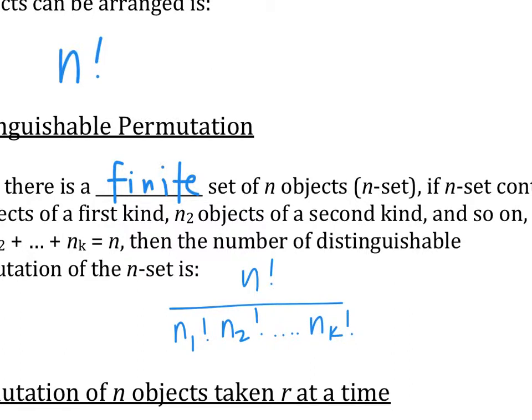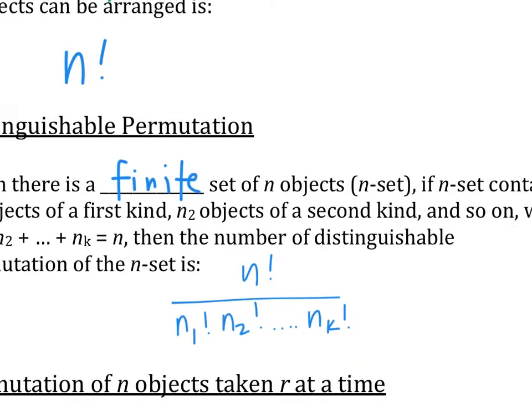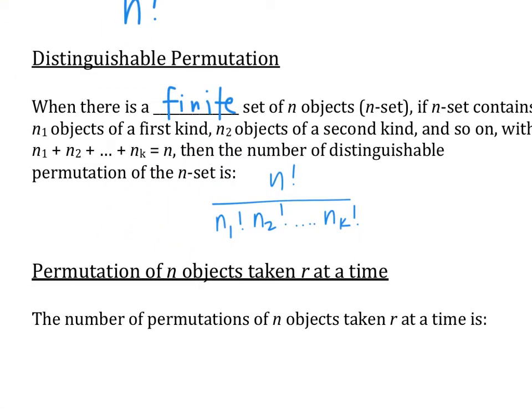Okay, we'll do some practice. The last one: permutations of n objects taken r at a time. If you have so many things and you want to take a few of them and rearrange them, how many ways can you rearrange them? For example, if I have 8 people here, I want to take 3 people and rearrange them left to right.